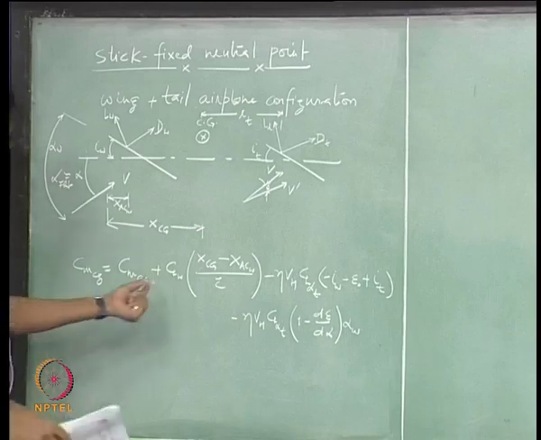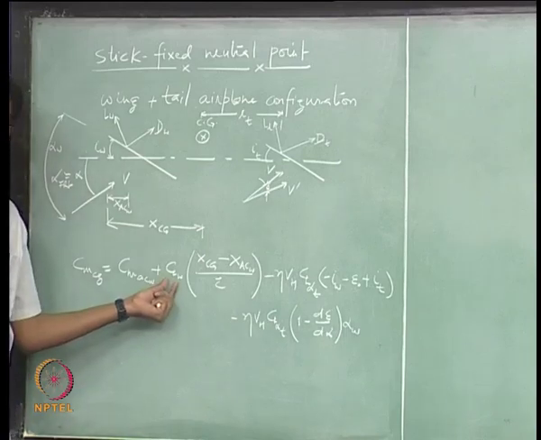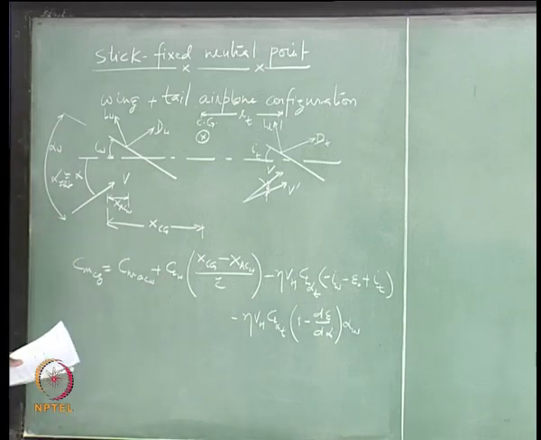Now, this CLW has two components, right? One is changing with alpha and the other one is a constant.